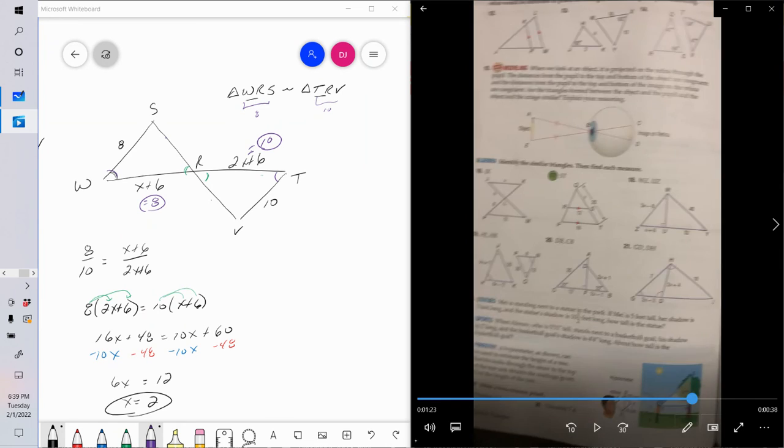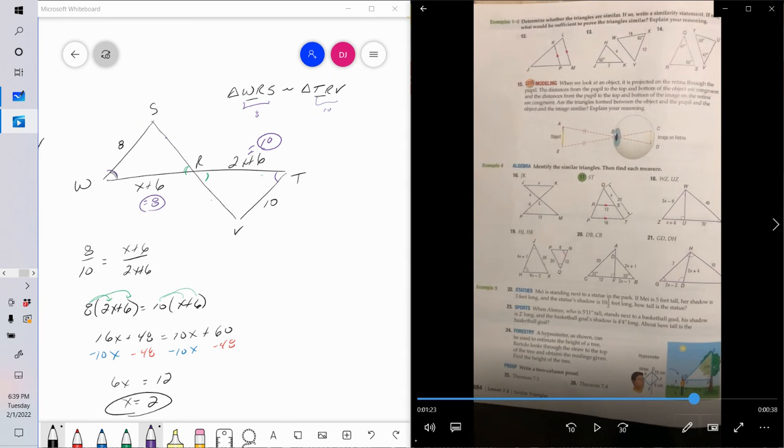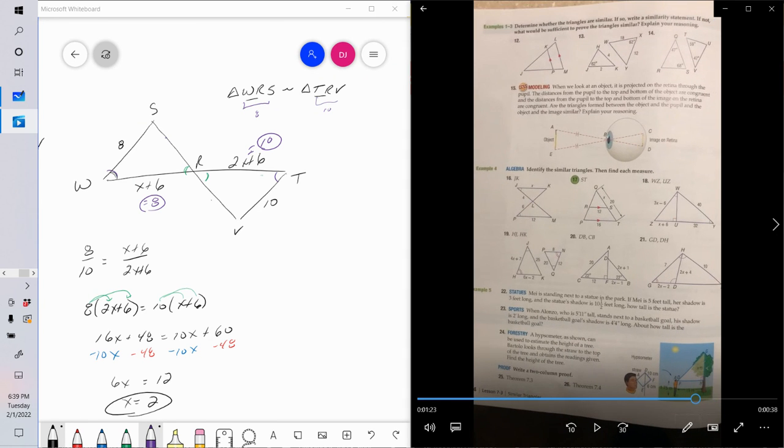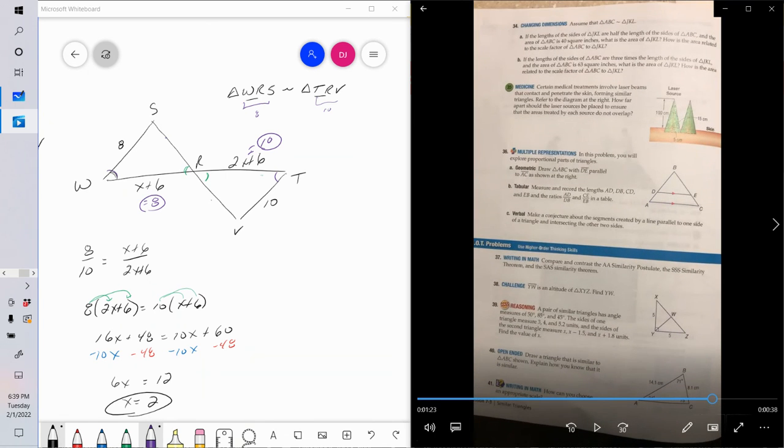So I'm going to encourage you, if you are Caitlin and you have this book, to practice these problems. The rest of you, try some of these problems. Contact me through my YouTube channel if you have questions, and I can go over a couple of these problems for you if you would like, but it's all extending the same problems. Okay, so that's similar triangles, extending the concept of ratios and proportions.